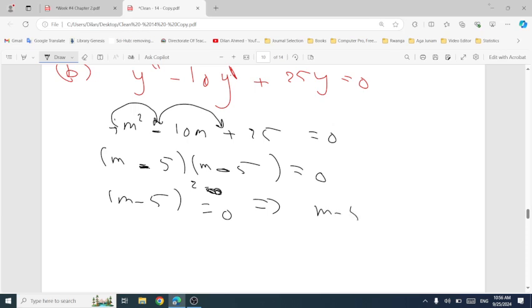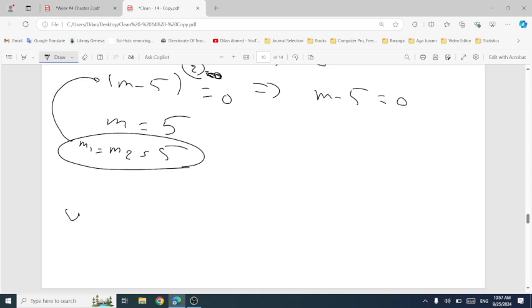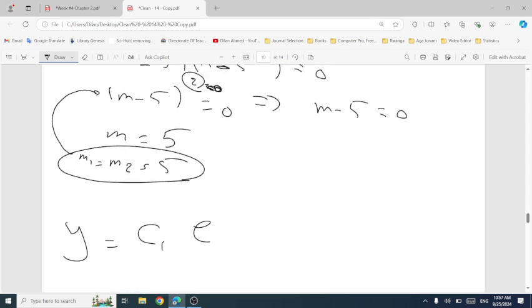So m equal to what? Where's the other solution? We should have two because it's quadratic, m squared. Where's the other value? It means that m1 equal to m2, equal to 5. So I'm in the second case. I say my solution will be c1 e to the mx plus c2 x e to the mx.